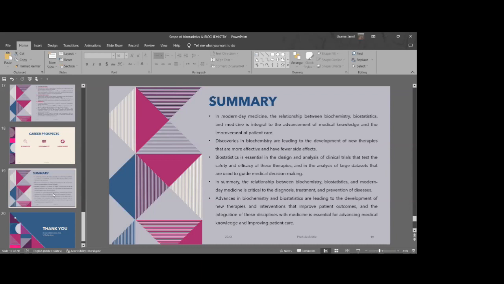Biostats is essential in the design and analysis of clinical trials that test the safety and efficacy of these therapies. We have developed a new drug, we tried it on lab animals, did clinical trials, and got it approved, but there are still a lot of reservations, because some patients report adverse side effects that scientists didn't calculate theoretically when developing, or had never encountered before.